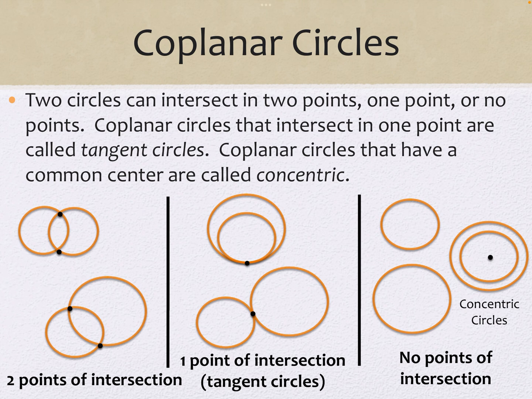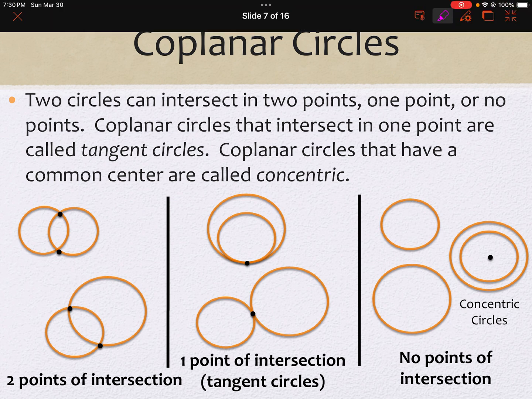Okay, so let's look at those examples there. So we have this first part here where you have circles that touch twice. You could also have circles that just touch once.